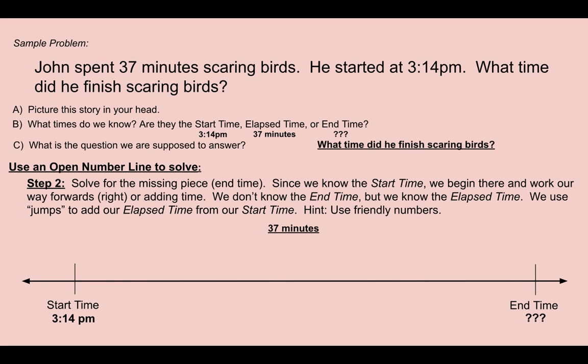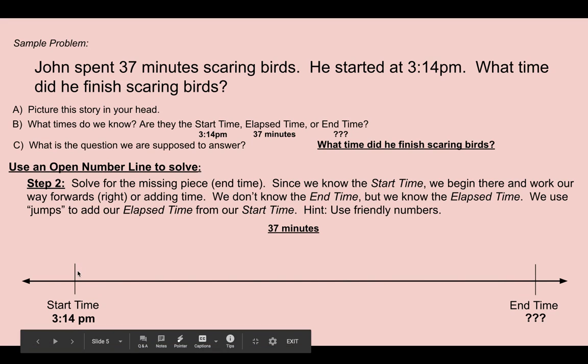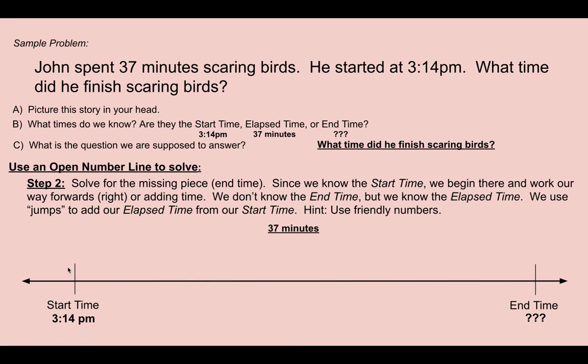And remember, use friendly numbers. It makes things a lot easier. So we start here with our start time of 3:14. Okay, we're going to make our first jump. Remember, the jumps can be different from what I have. You don't have to do the same jumps, but I do recommend making smaller jumps.